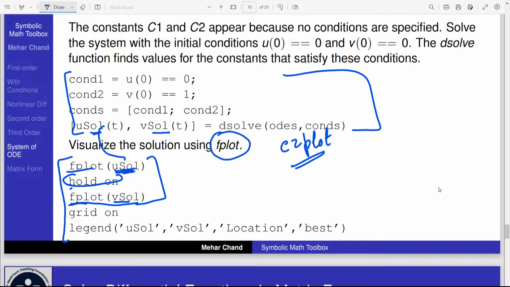After that, you can insert some more information to make it more interactive. We can use grid on, we can use legend for U solution, V solution.